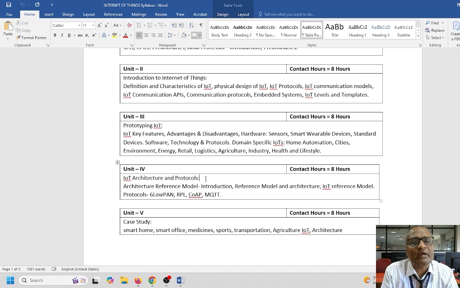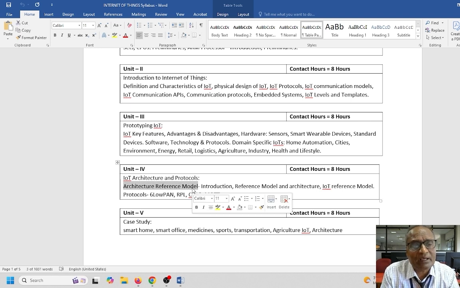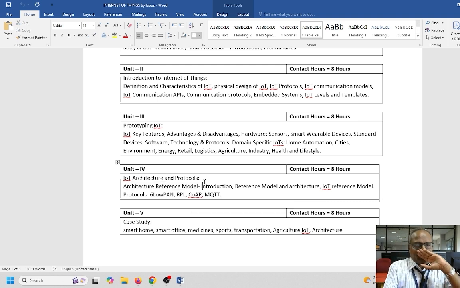The fourth unit has IoT architecture and protocols, where there are some reference models. Say if you are a designer of IoT, what reference model will you use on the basis of application, what kind of model you are going to choose, they are going to be studied here. And we are having some specific protocols, for example 6LoWPAN, low power area network, RPL, it is also a protocol, CoAP and MQTT.